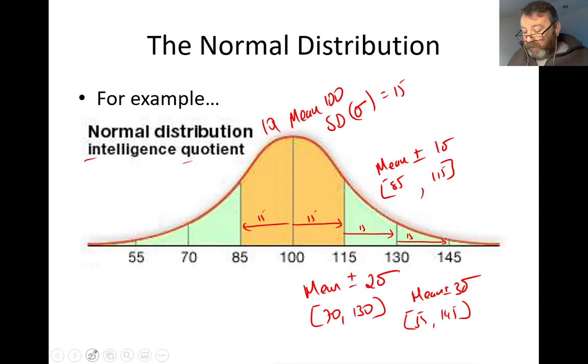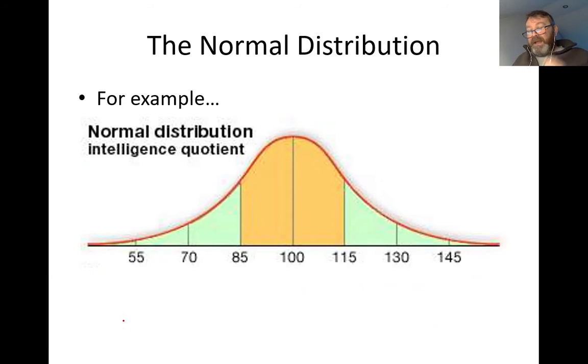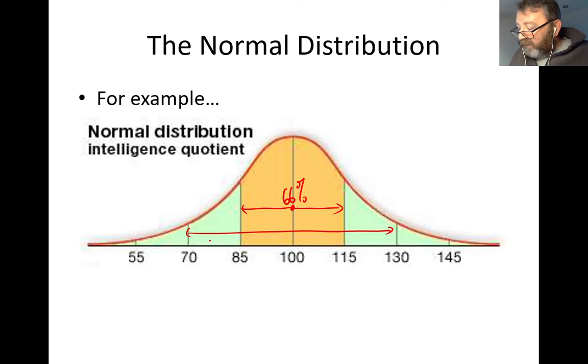And you might say to yourself, why do we look at that? And the answer is because of the number of people it catches. For example, if you start at the mean and you go 1 standard deviation either side, you end up catching 66% of the population. If you go 2 standard deviations either side of the mean, you get 97% of the population.